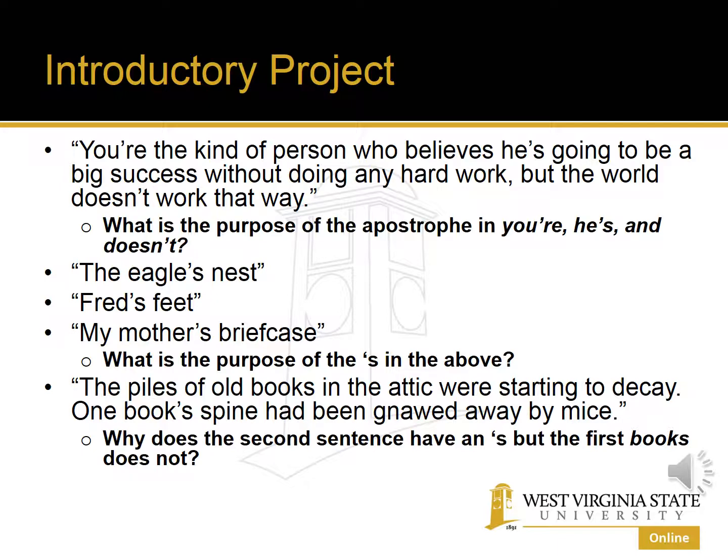It's the object of the preposition of. And in the second sentence, book's with an apostrophe S is a possessive describing the spine, the book's spine. So that needs an apostrophe S.